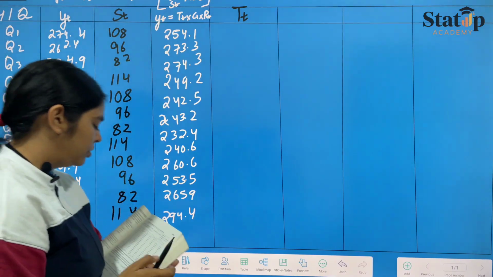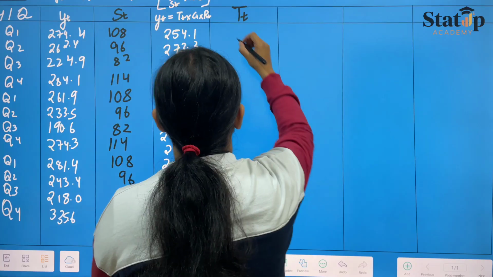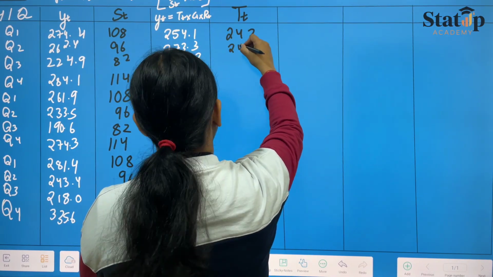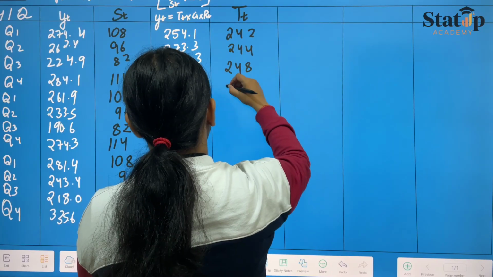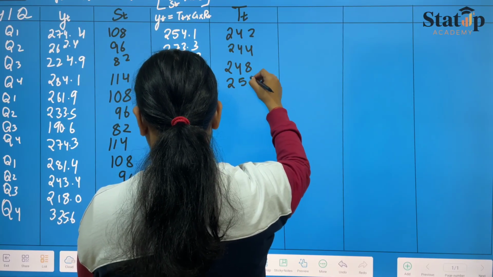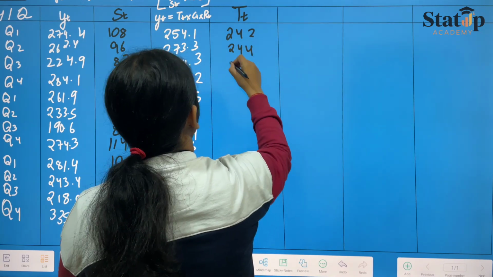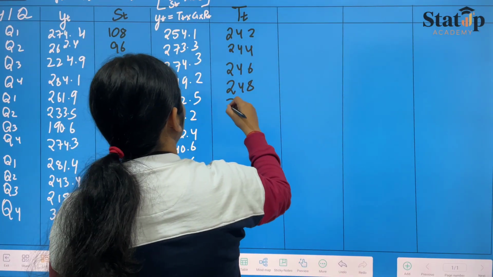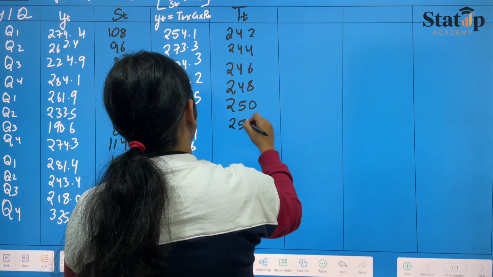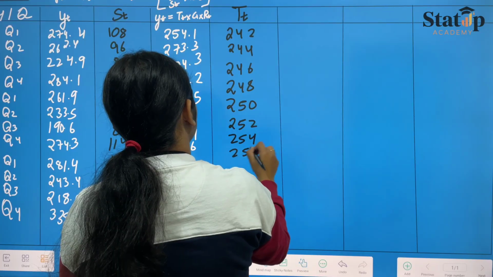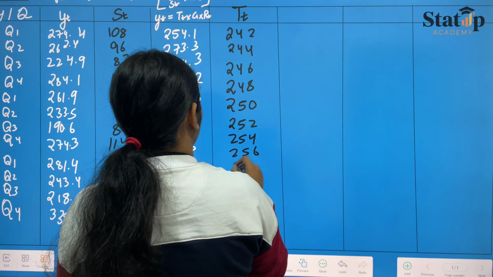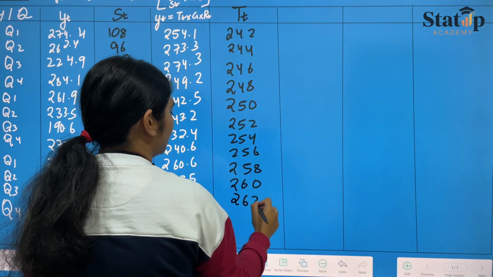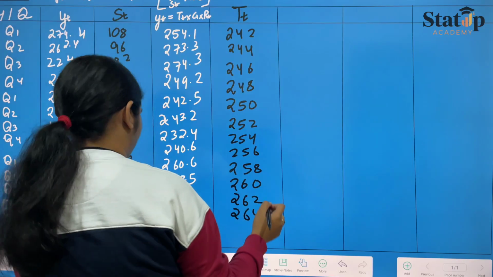By using one of the methods, we have found the trend values as 242, 244, 246, 248. We have used the average method, but you can use any method. Then 250, 252, 254, 256, 258, 260, 262, and 264.